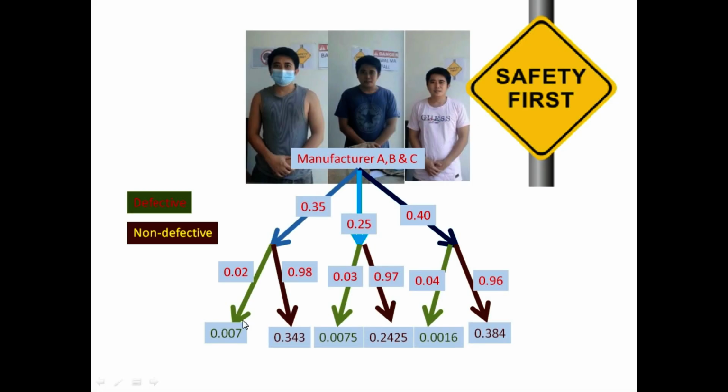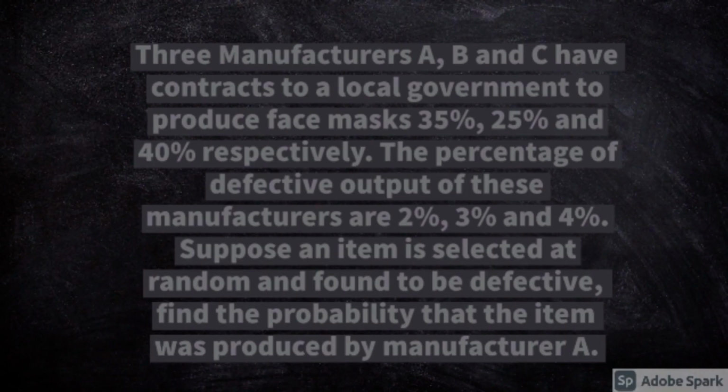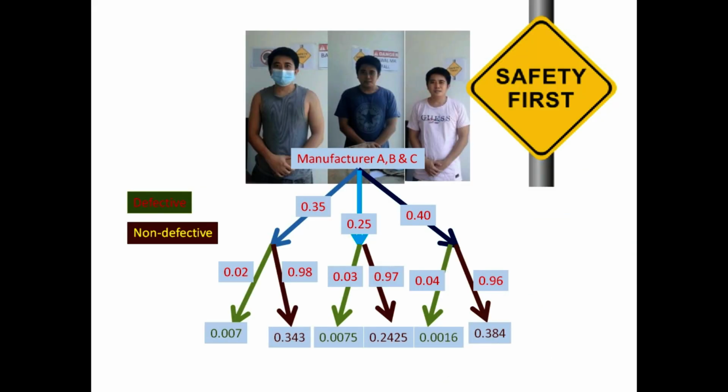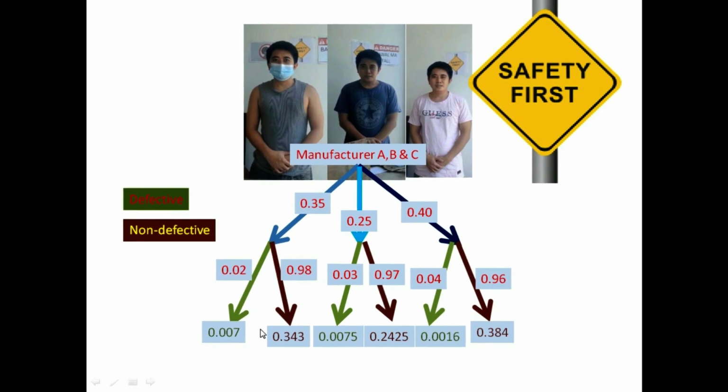Why? Because this possibility includes the chance that the item is non-defective. But the question states that the item is 100% sure to be defective. Okay, there is a difference there. Let me again tell you the concept.